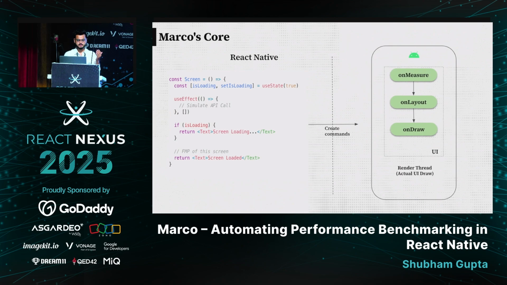Similarly for iOS, we have native primitives as well. Now your Android world will have those primitives, which then undergo a series of lifecycle methods. Starting from the very first, that is onMeasure. Here the system will calculate the dimensions of those views, like width and height.